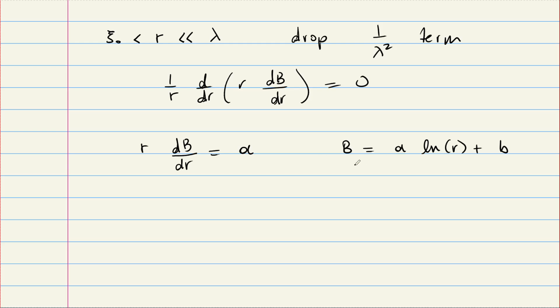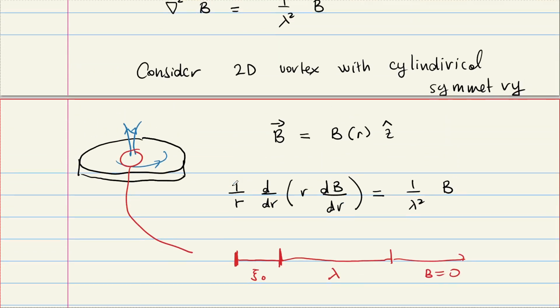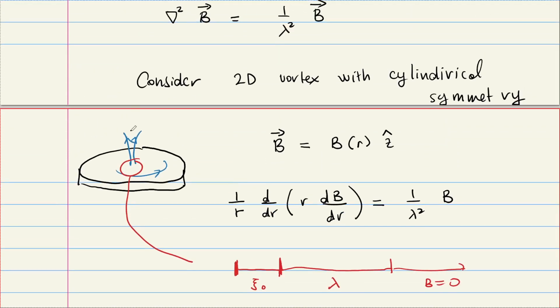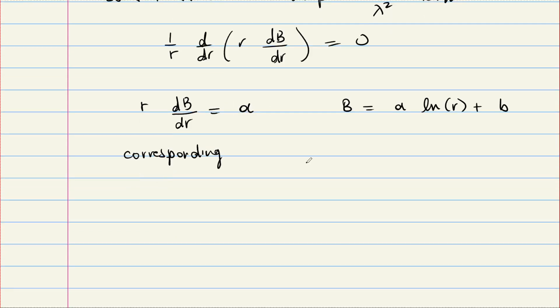And from this B, we can look at the corresponding current. There is a B coming out of the page, but there are circulations around this vortex, and we want to find these circulations by calculating the corresponding current.